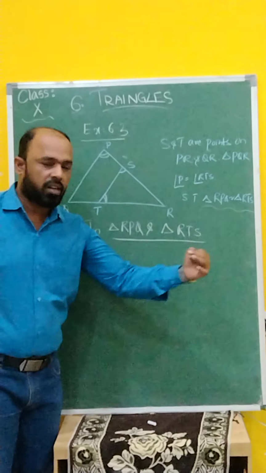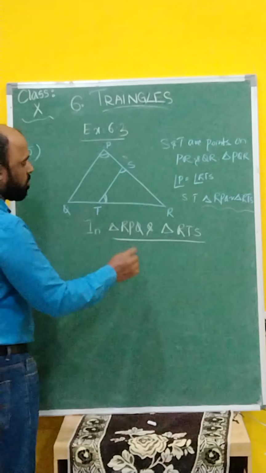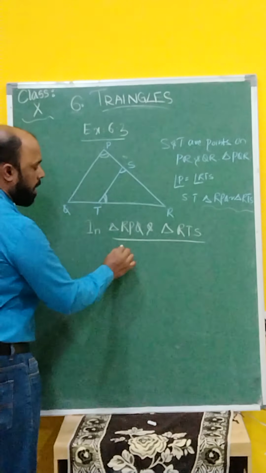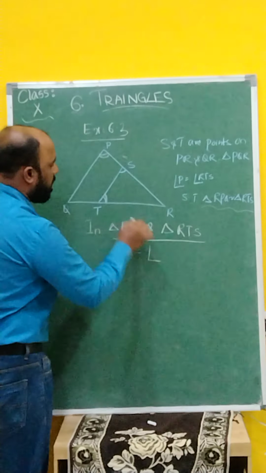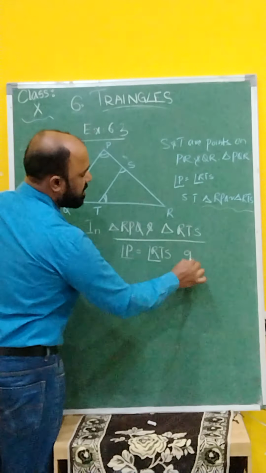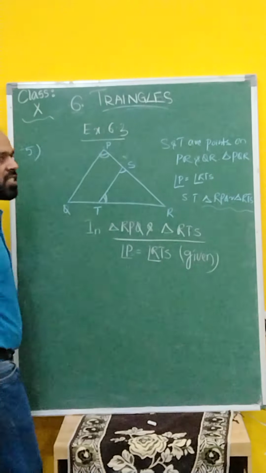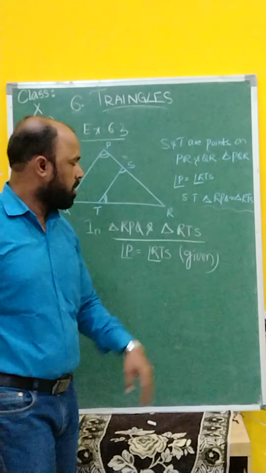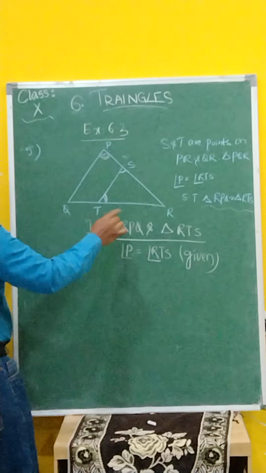From that only we are starting. First, what is given actually? In RPQ, angle P is equal to angle RTS. This is given. For similarity, how many things are required? Minimum 2. First one done: angle P is equal to angle RTS.